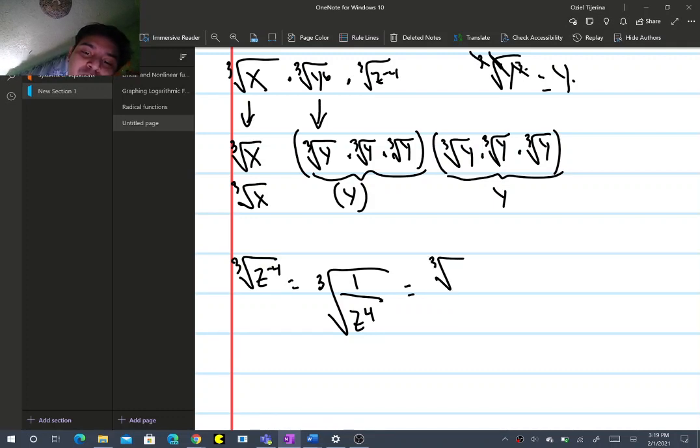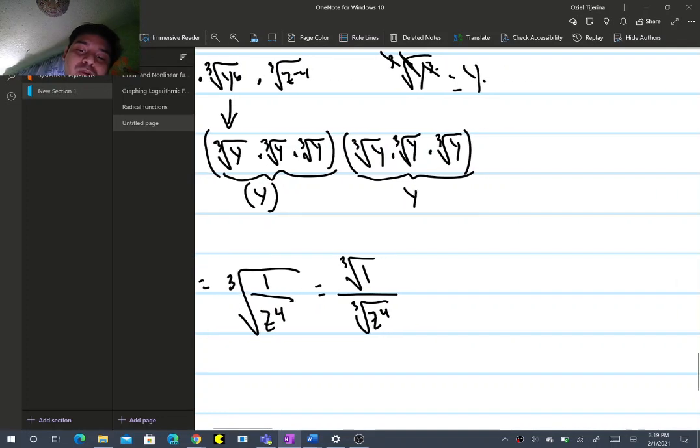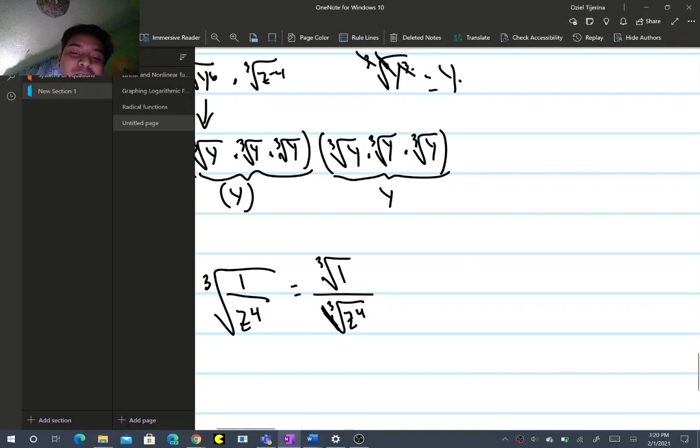So we have the cubed root of 1 over the cubed root of z to the 4th. Now, the cubed root of z to the 4th, since the number in the radical is bigger than the number of the root, we can split this up, really.